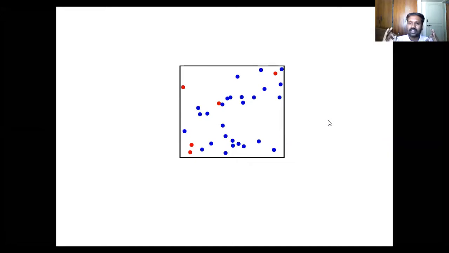Very first observation, very first conclusion: all molecules do not move with the same velocities, same speed. So few molecules move very fast, few molecules move very slow. But on an average, there is an average number of molecules which move with a fixed velocity. So that's what we call velocity distribution.